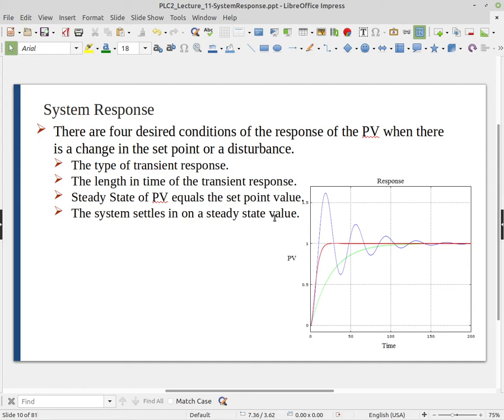How long does it take for the system to respond to that change in a set point? Okay, that's the transient response. How long is that transient response? And then the steady state: is the final value equal to the set point that we set, or is it above it or below it?